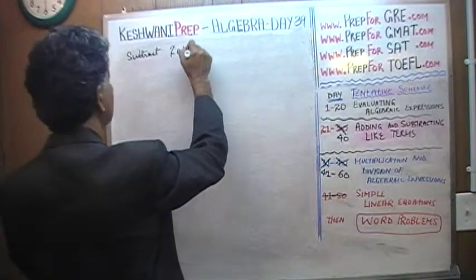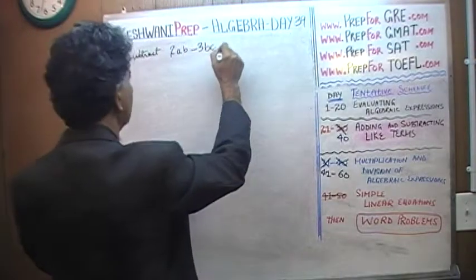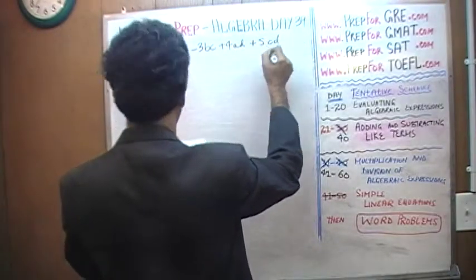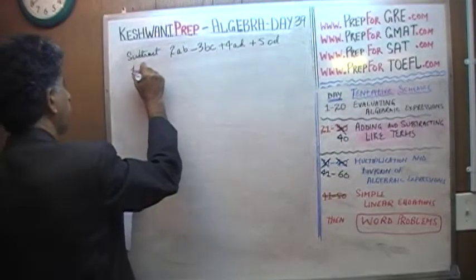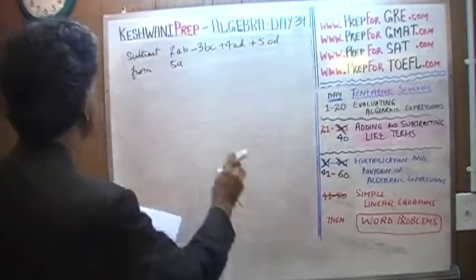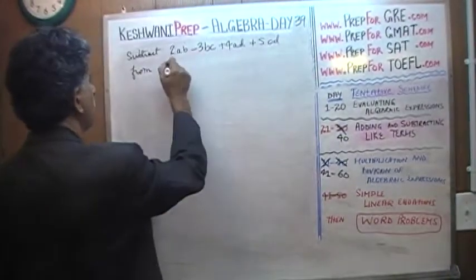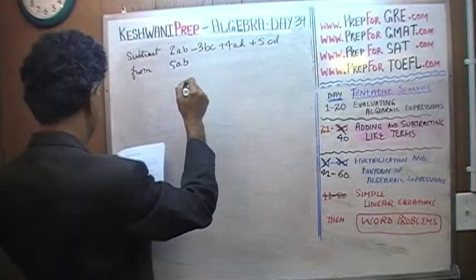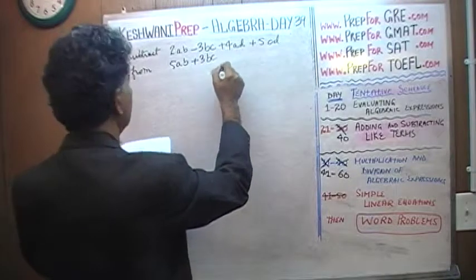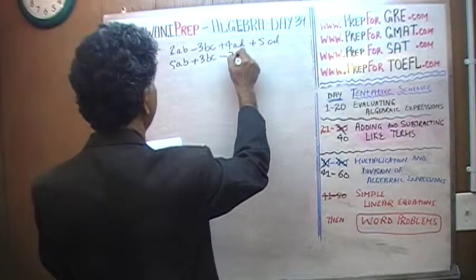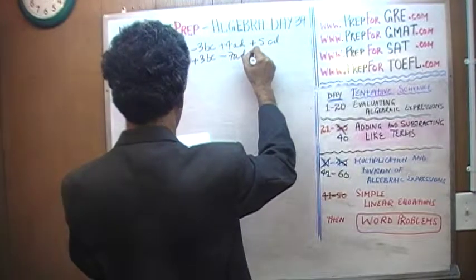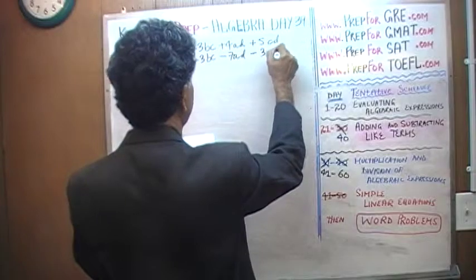2AB minus 3BC plus 4AD plus 5CD from 5AB plus 3BC minus 7AD minus 3CD.